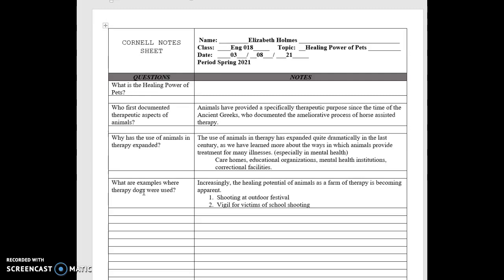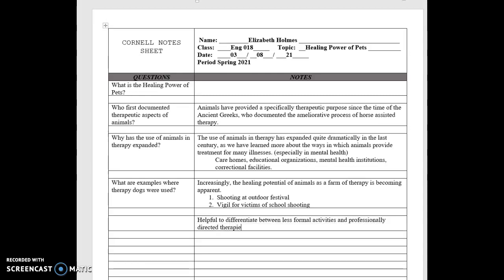Okay. Then I skip a space and I go to my next idea, which is it's helpful to differentiate between less formal activities and professionally directed therapies when it comes to animals used in therapy, right?